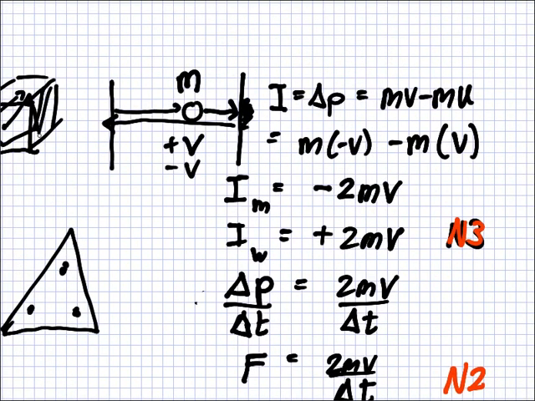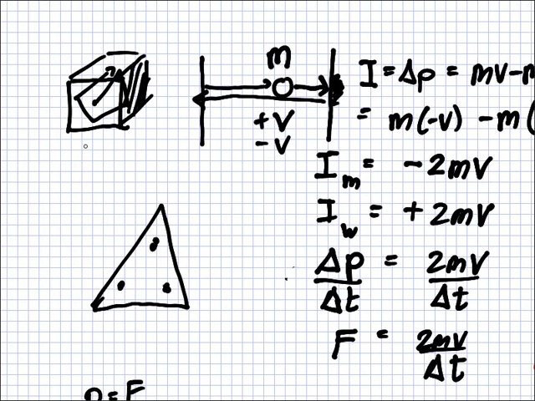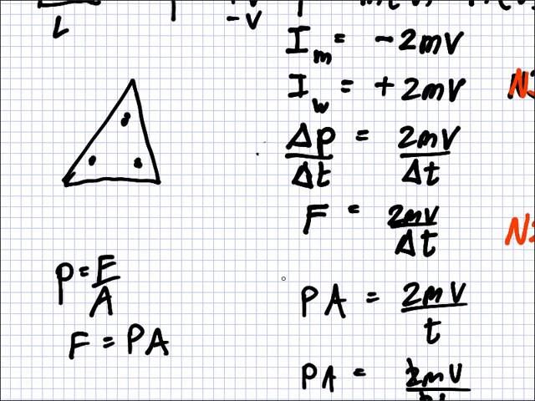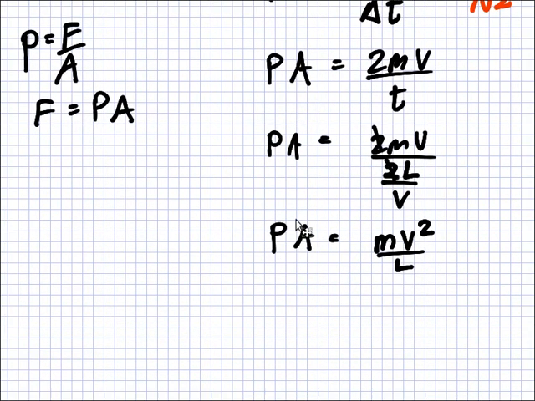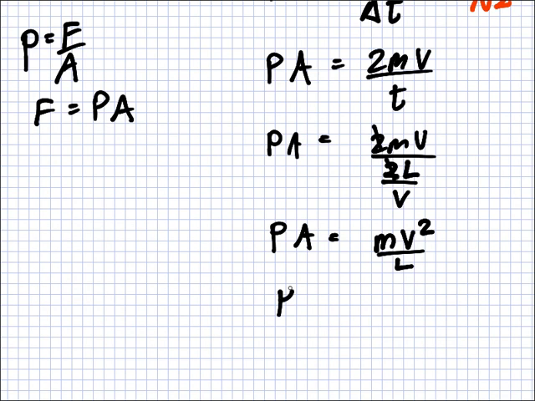So what's the area of this wall that has one molecule hitting it? Oh, sorry, I should have really said this at the start. It's a box LLL. So what's the area? L squared. So you can change this into P L squared equals mv squared over L.